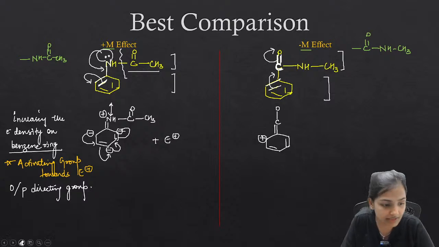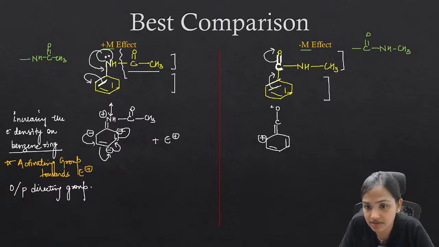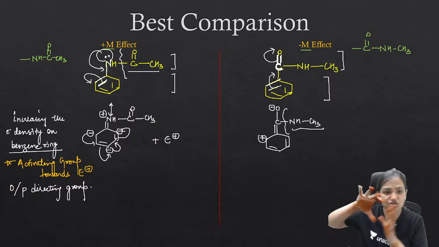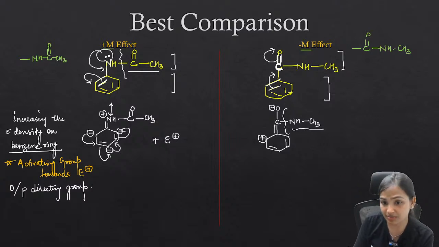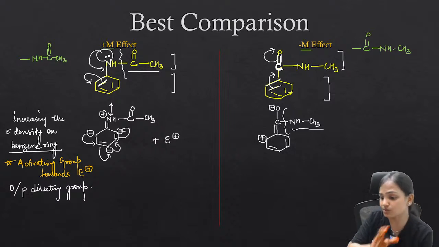Again it is getting messy. Yes, this gets O negative, and this part will remain the same. So you need not bother about the rest of the part. You just focus on what this particular atom is doing.